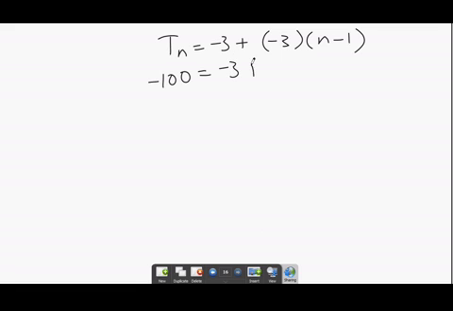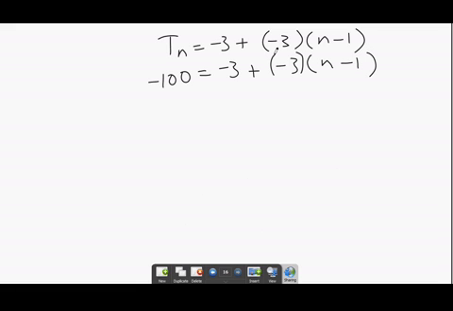Remember, our general formula is Tn is equal to negative 3 plus negative 3 close bracket n minus 1. I'm not going to simplify the formula because I just want to keep going and not make too many mistakes. We are now substituting the term, which is minus 100, and you will notice that we'll get minus 100 equals minus 3 plus minus 3 in bracket n minus 1.